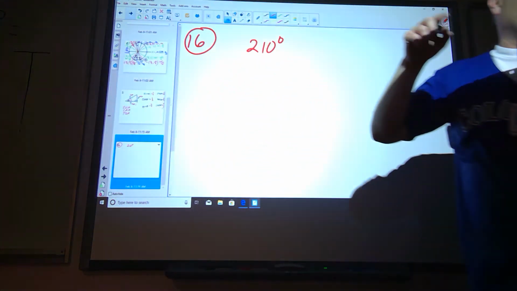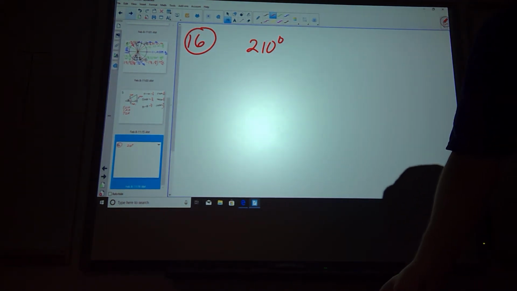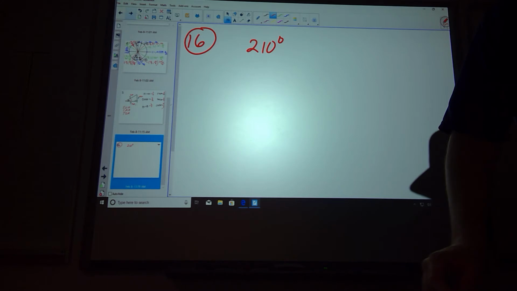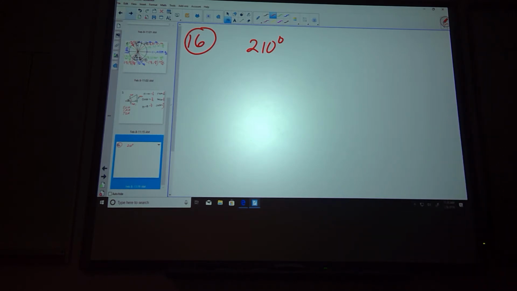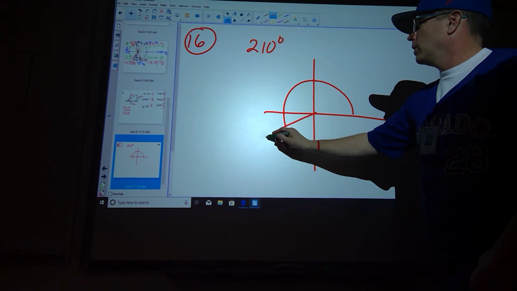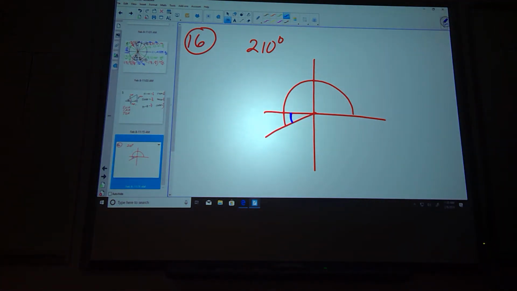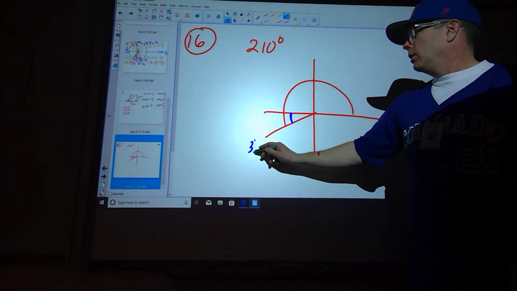Okay, we want the reference angle off of this. So what that's going to mean is I want to know which 30, 60, or 45 degree angle comes off this for the most part. Think about this: 210 comes around to here. So now I'm curious, which angle is that one? It's a 30 degree angle.